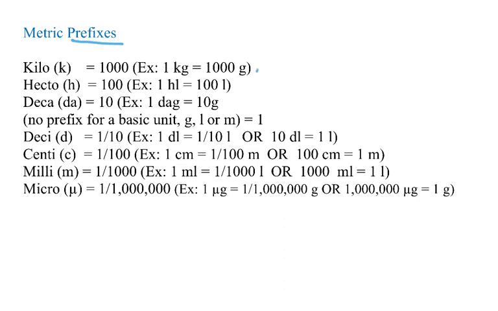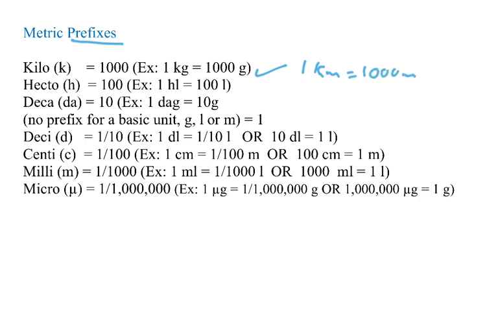The prefix kilo represents 1,000. So, for example, 1 kilogram is 1,000 grams. But the nice thing about all of these prefixes is they can be used interchangeably for all the different units, whether you're talking about mass or volume or distance. So it is also the case that 1 kilometer is 1,000 meters.